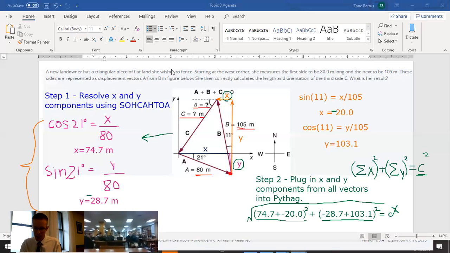Okay, so 74.7 plus a negative 20. I'm going to square that. I'm going to add that to negative 28.7 plus 103.1. I'm going to square that. And whatever that total gives me, I'm going to square root the entire thing.